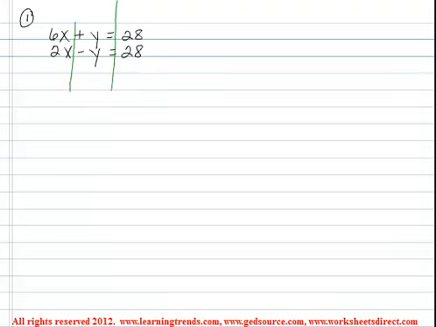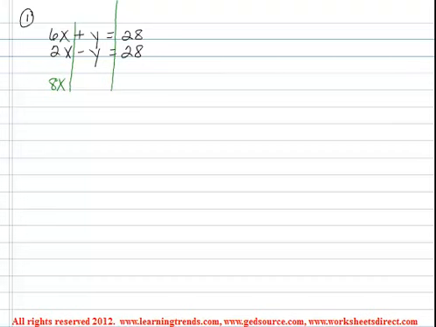Now in this particular example, because of how they're lined up, we have a plus y and a minus y. So what we want to do is add these equations, and essentially we're going to cancel out our y's so that we can solve for x. 6x plus 2x gives us 8x.